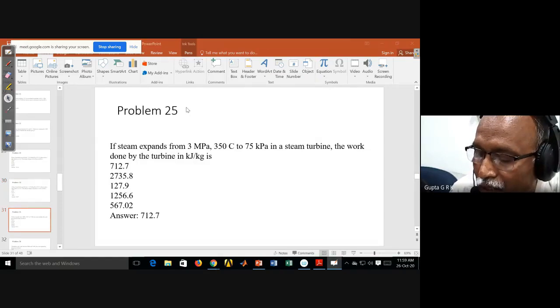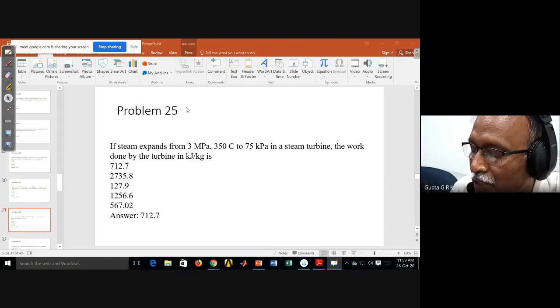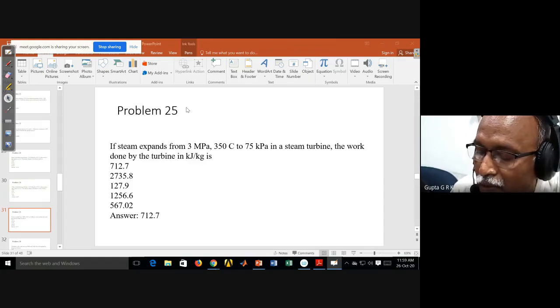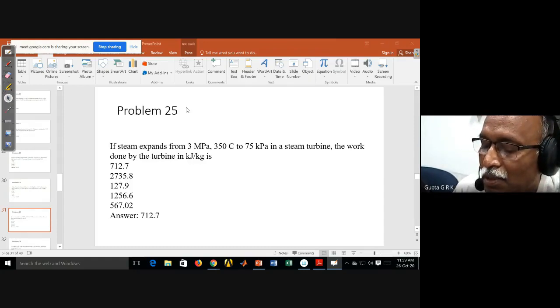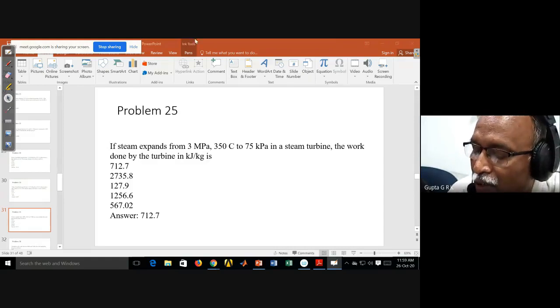And the problem 25, if steam expands from 3 megapascal 350 degrees centigrade to 75 kilopascals in a steam turbine, the work done by the turbine is. So here you have to find out what is H1 and S1 at steam, the turbine entry. And so S1 equal to S2. So you have to find out what is the dryness fraction at exit.